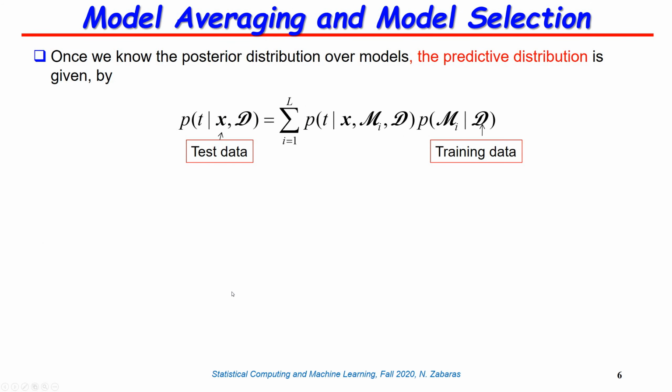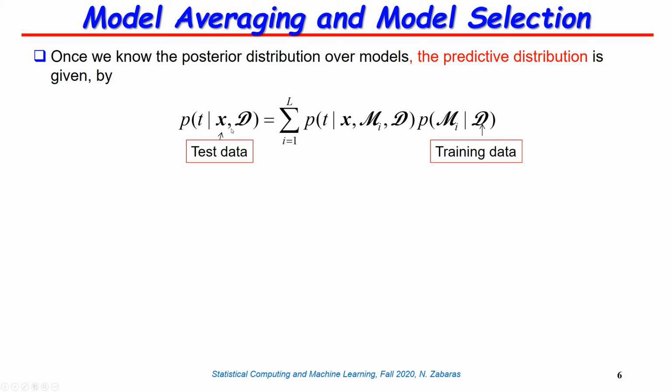Okay, if you are going to produce a posterior over models, the question then is, how do you actually do predictions? And what I mean by predictions is, given your training data set D, you want to predict for a given test data point x what the response or target t is.